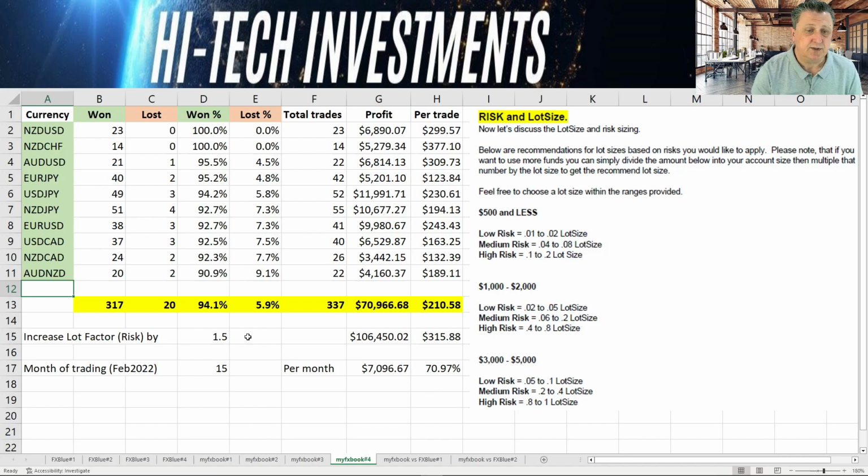So we are only increasing the lot factor by 1.5 because we think they are running quite high risk as it is. Then the 70,000 and the 210 per trade that you see here could manifest itself in about 106,000 instead over the 15 months, or 315 per trade.